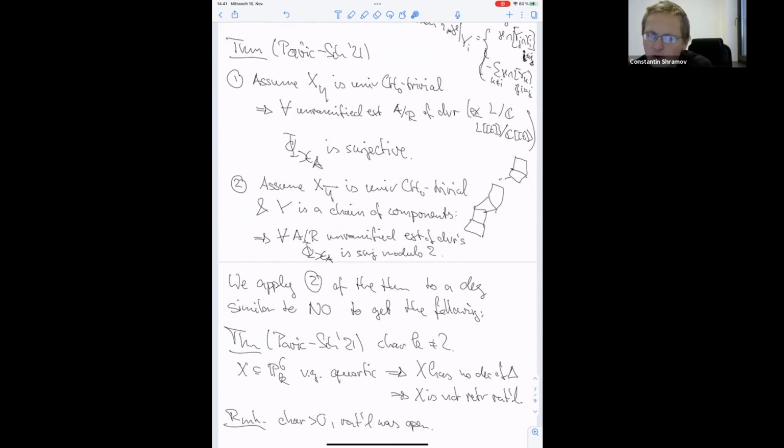May I ask, why was characteristic 0 crucial for, in any case, the quantum result? Yes, so that result is really, you look at the two total spaces. You assume the generic fiber is rational. That means the total space is birational, or stably birational, but you can reduce to being rational to the trivial P^n family.